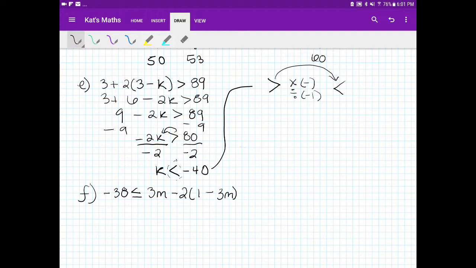So on the number line, we've got k is less than negative 40. So less than means that your number is going to be over here. So here's negative 40. And let's call this negative, I don't know, 50. And so it doesn't include negative 40. So you've got a hole. And it's less than. So k is less than negative 40.